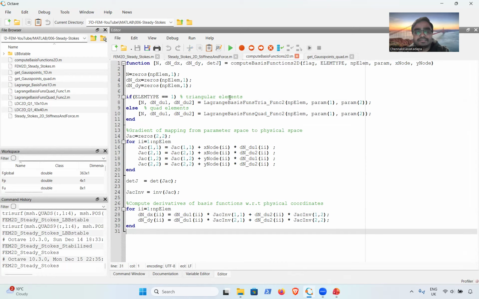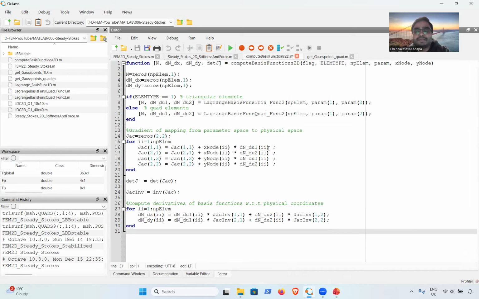Okay, so this was all we were doing inside the element stiffness matrix subroutine, but by making this into a function, we can simply call this function in other subroutines, other stiffness matrix calculations.